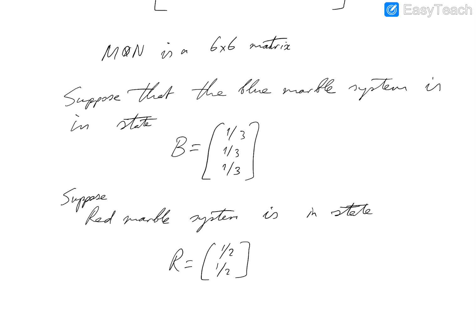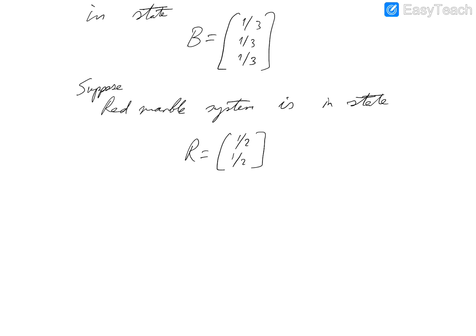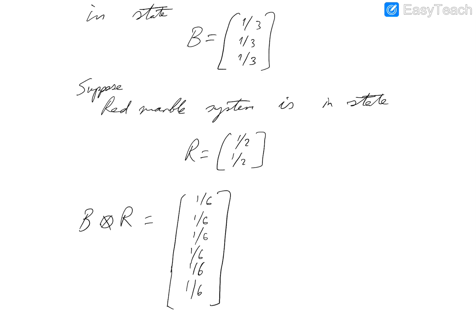So let's pick the numbers in the most convenient way. The state of the combined system will then be B tensor R, and this is equal to 1 over 6, 1 over 6, 1 over 6, 1 over 6, 1 over 6, and 1 over 6. So it's a 6 by 1 matrix.